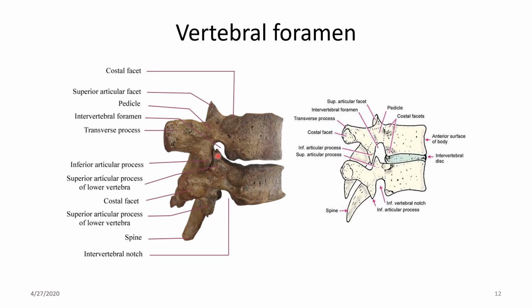Then you can see the intervertebral foramen. This is the intervertebral foramen, superior vertebral notch and inferior vertebral notch. So the inferior and superior, these together contribute to the formation of the intervertebral foramen.